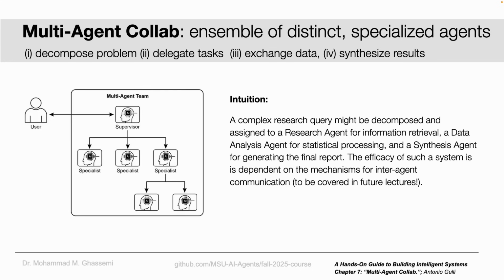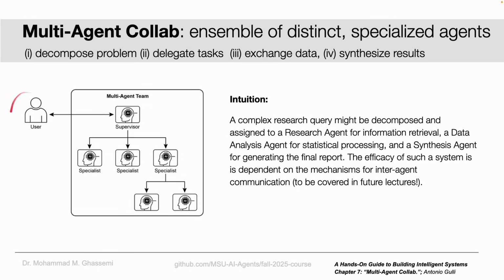That is to say that multi-agent collaboration just refers to an ensemble of distinct and specialized agents. Okay, you would decompose a problem, usually, just like you would in a React pattern. You would delegate the tasks to the right agent, and then you might need to exchange some information across the agents. They might need to collaborate on some tasks, and then you synthesize the results.